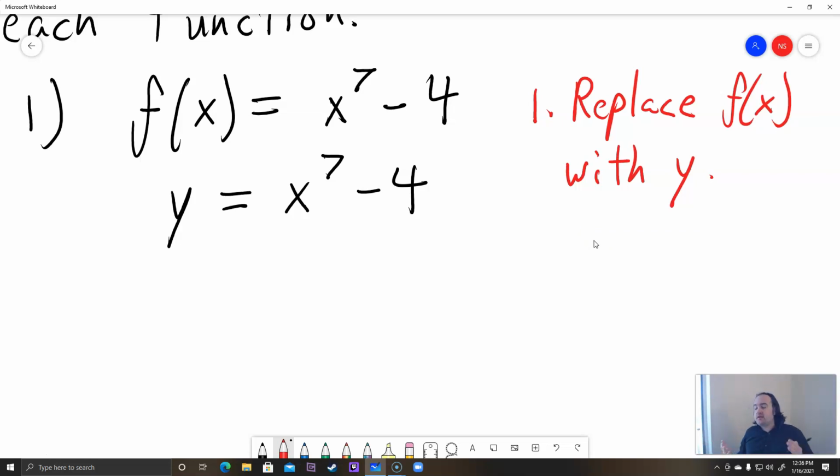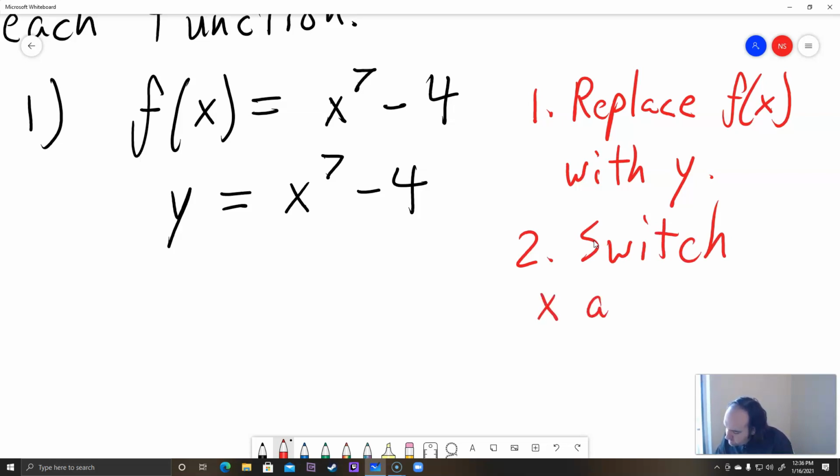Because to find the inverse, all you're really doing is switching or swapping your x and y coordinates. So step 2 is to switch x and y. Now you have to be careful here. You're only switching the letters or the variables. You're not switching anything else. So in this step, you're not moving anything around besides the x and the y.